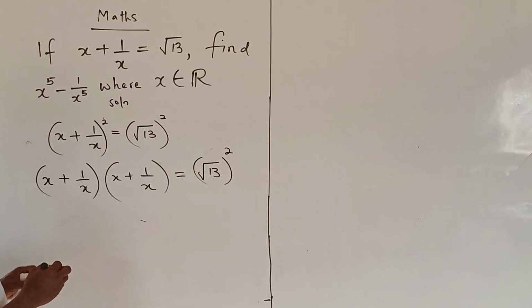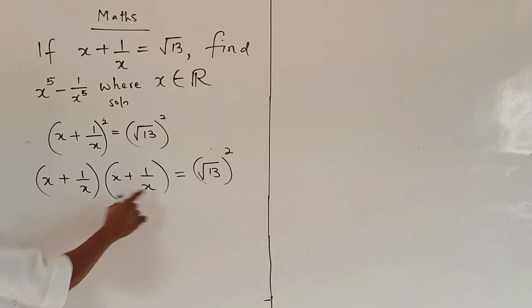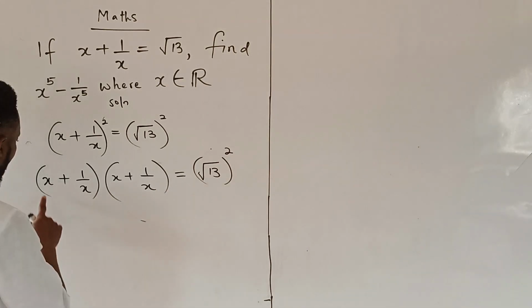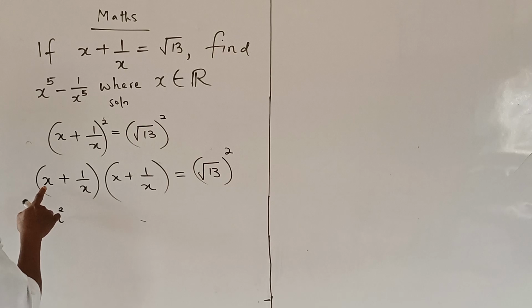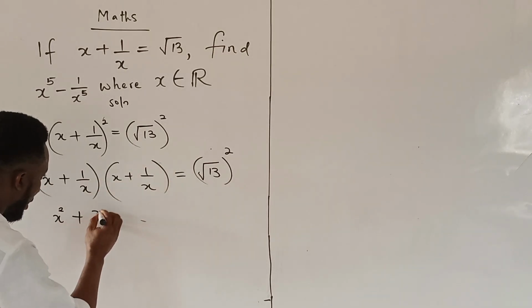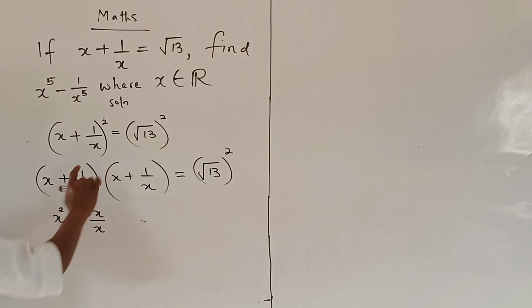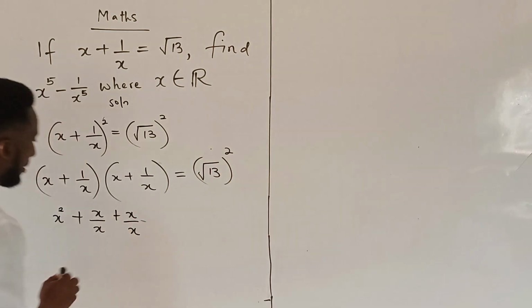Now, I have to distribute. I will use s to distribute this parenthesis and use 1 upon s to also distribute this parenthesis. Now, s multiplied by s is s squared. S multiplied by 1 upon s, that's going to give us s over s. Now, I will take 1 upon s to multiply s, that's also s divided by s.